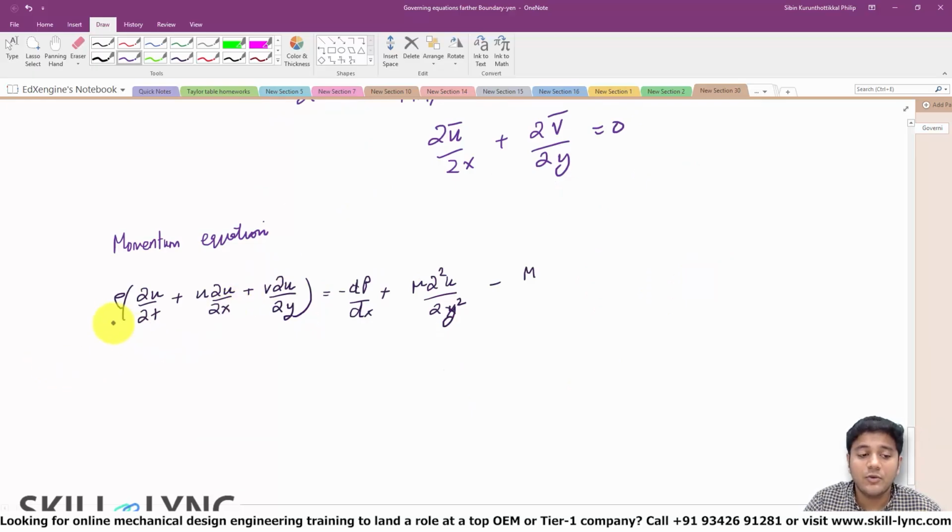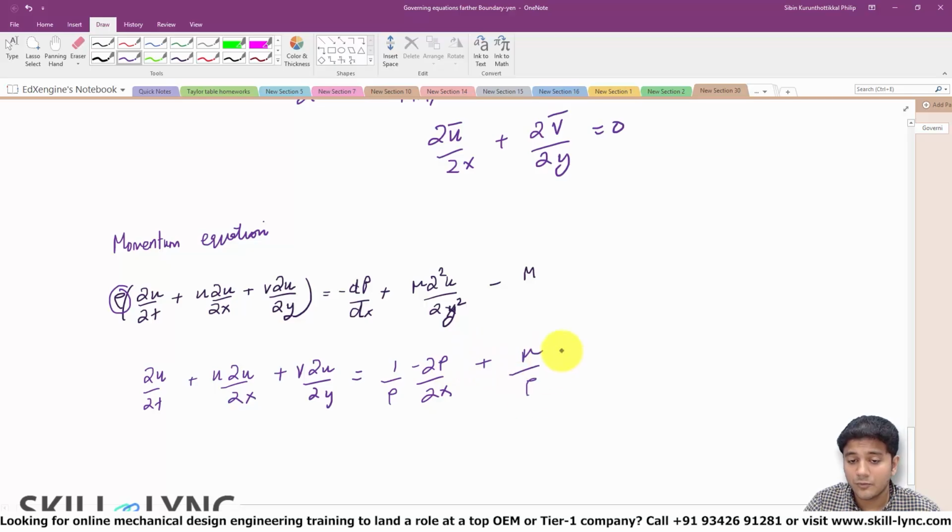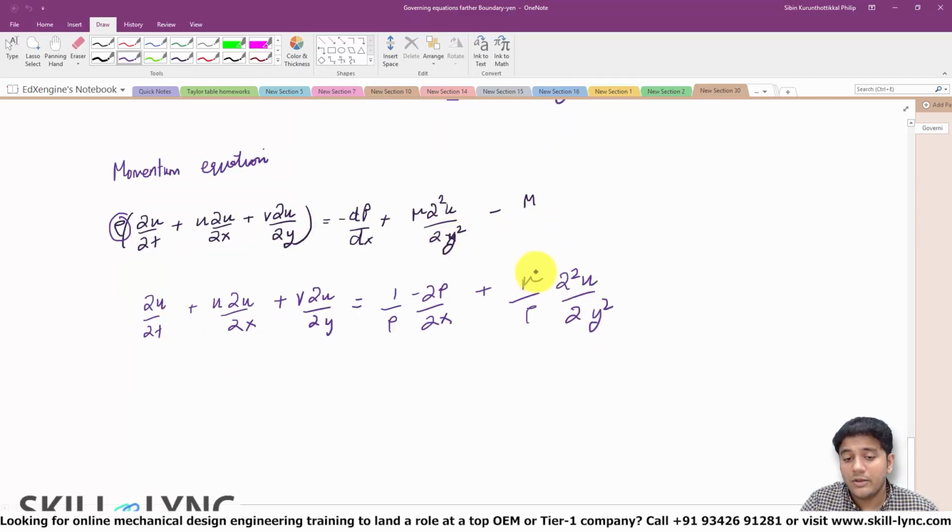Okay, so the first thing that I'm going to do is take this density and move it to the right hand side. And then I'm going to take this mu by rho and replace that with the kinematic viscosity.